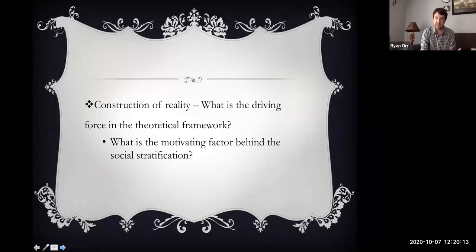Here I ask you to pay attention a little bit more to those elements of agency, to structural forces in play that create the action in the framework. So overall, there are a lot of different forces in play, both forces of agency and forces of social structures. But if you had to identify one driving element for Veblen, what would that be?